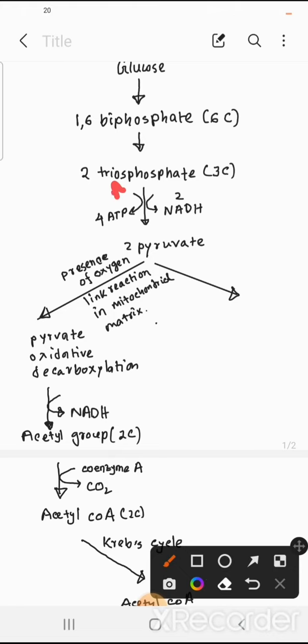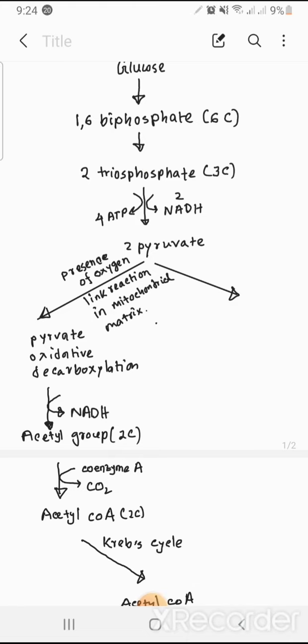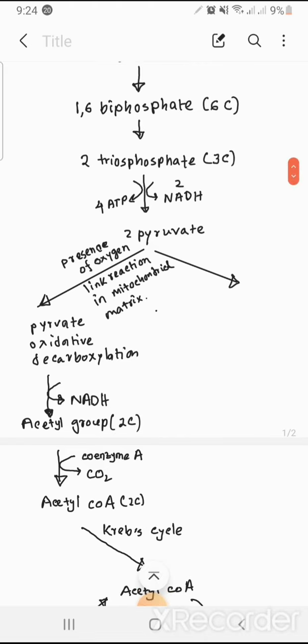In our last class I told you about substrate level phosphorylation, right?